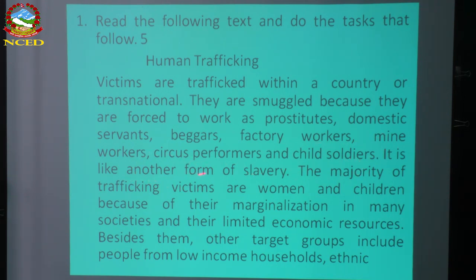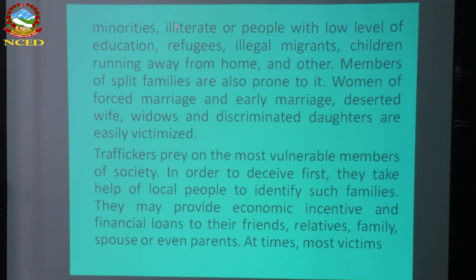It is like another form of slavery, right? The majority of trafficking victims are women and children. Why? Because of their marginalization in many societies and the limited economic resources. Besides them, other target groups include people from low-income households, ethnic minorities, illiterate people or people with low level of education, refugees, illegal migrants, children running away from home, and others.